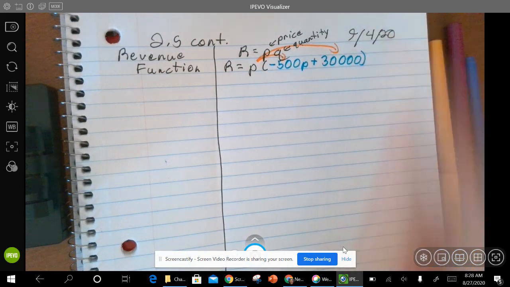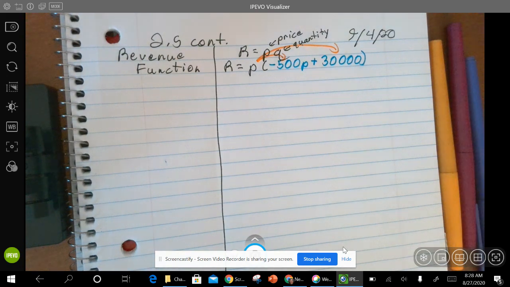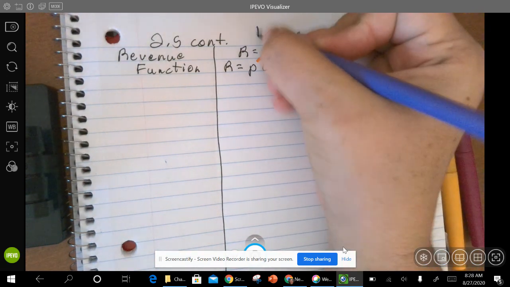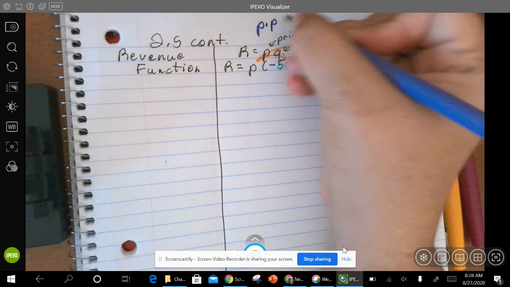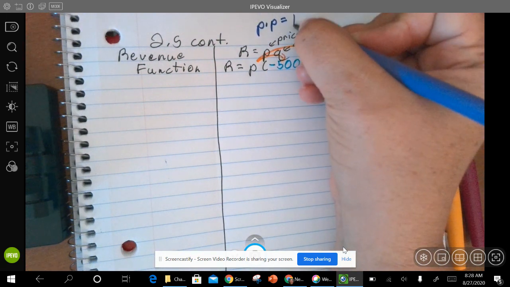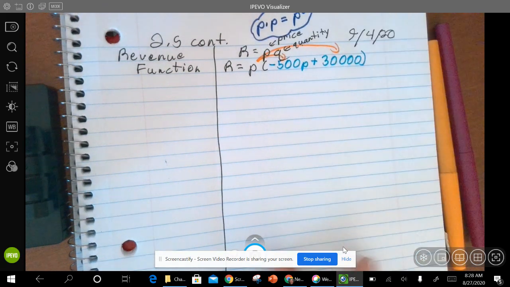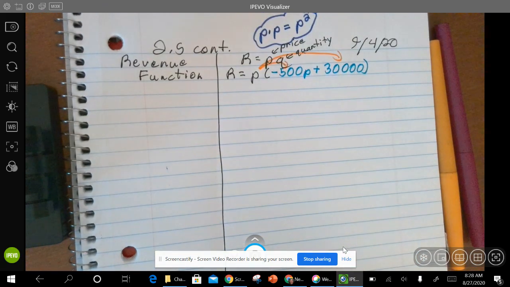P times negative 500p. Remember that the price times the price, or p times p, is equal to p squared, just like when we do that with x: x times x is x squared.